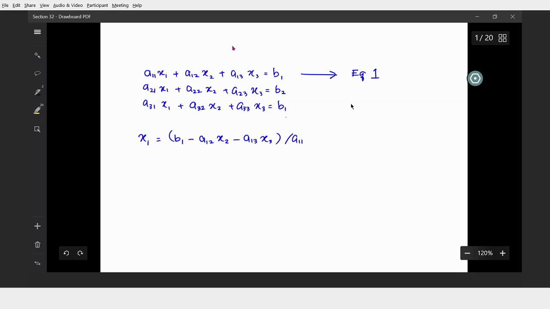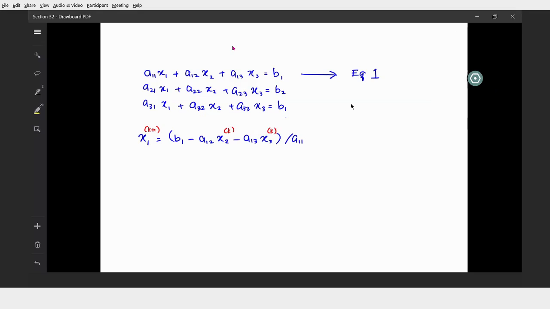That's how you get the first formula. But since this is an iteration, we put the iteration notation, k plus 1. On the right hand side, all the x are at the previous iteration.